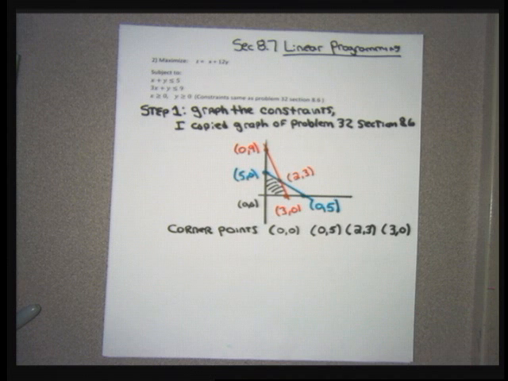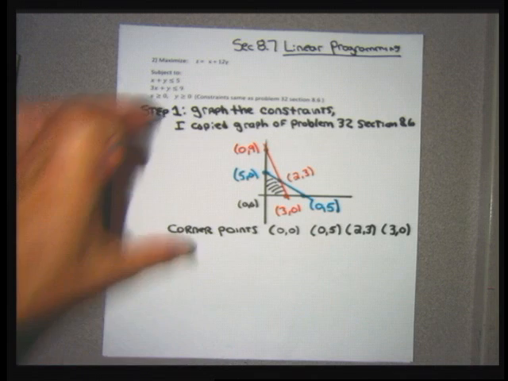It might occur at other points than a corner point. You might get a tie somewhere, but you'll never produce a higher value if you're trying to maximize or a lower value if you're trying to minimize. So the algebra for solving a linear programming problem is to first graph the constraints, find the corner points.